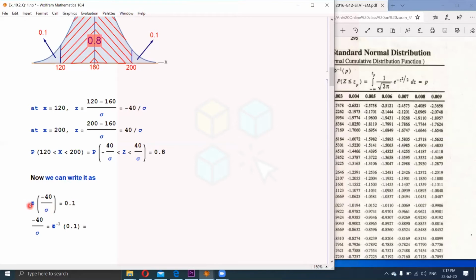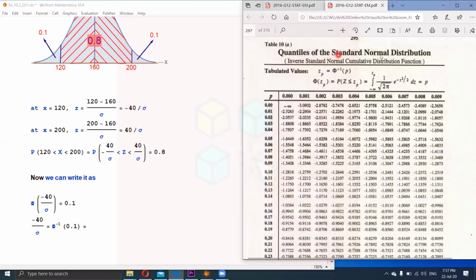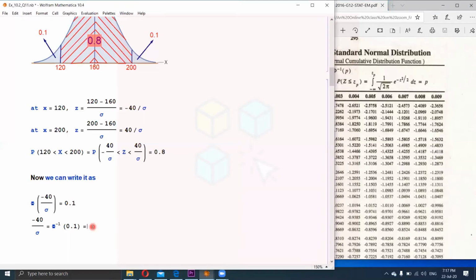And here phi inverse of 0.1 is obtained from table 10a, the quantiles of the standard normal distribution. Under the column probability, we can obtain the value of phi inverse of p. P is 0.1, so the corresponding value under the column 0 is minus 1.2816.